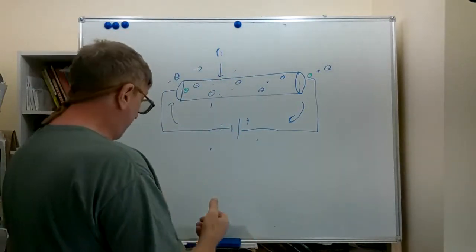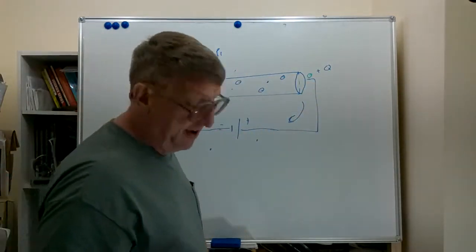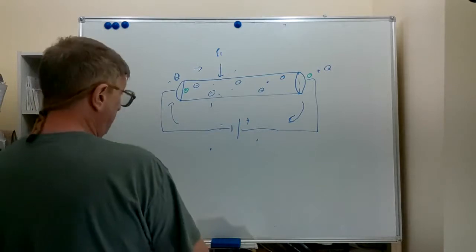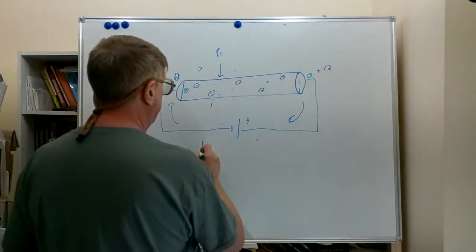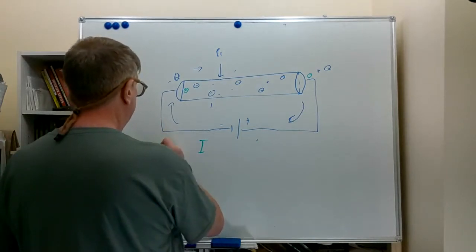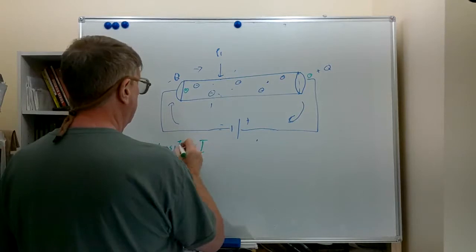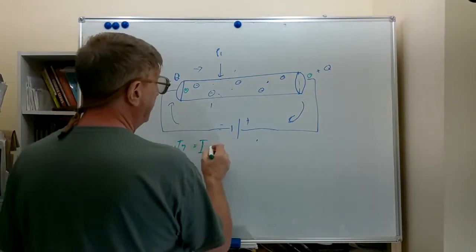Current we saw to be amount of charge in a given amount of time. We use the symbol I to represent current, which stands for intensity. I'm going to write that in. And we measure that in amperes.